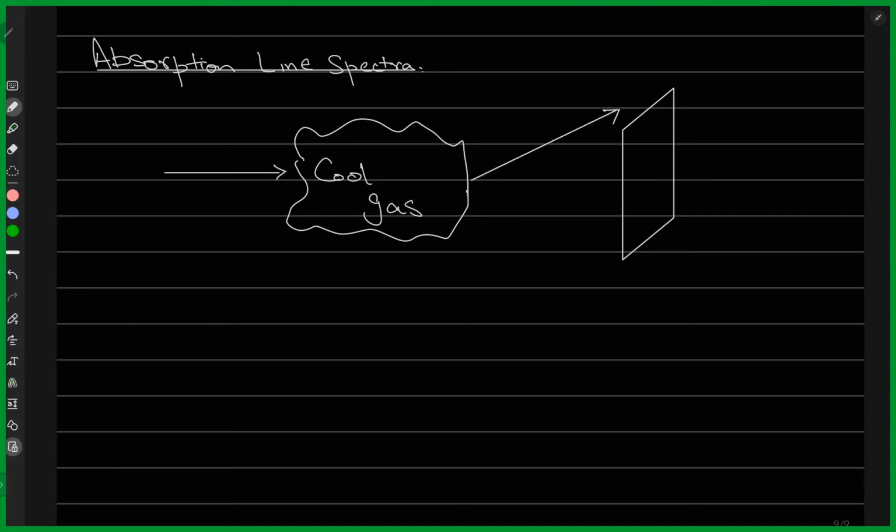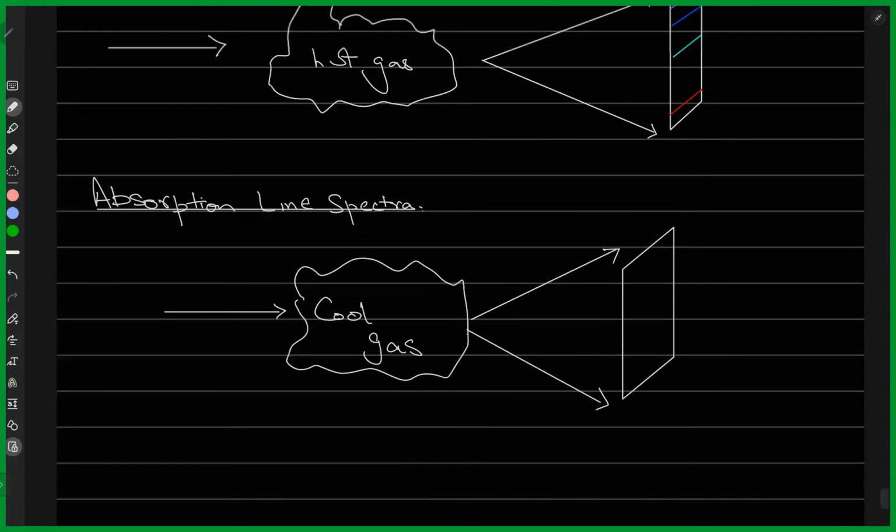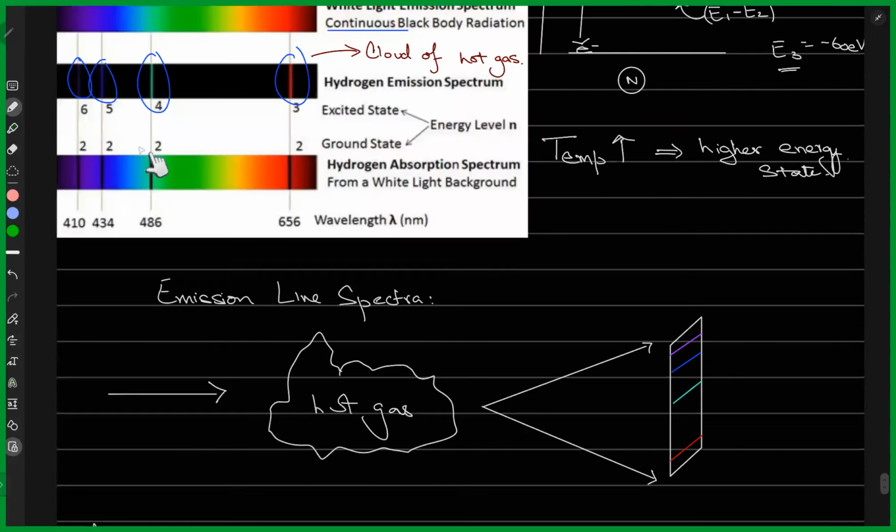On this black screen, you see these different colors of light being formed, but there are some dark spots in between.